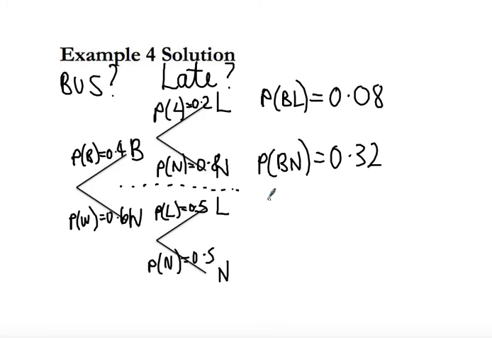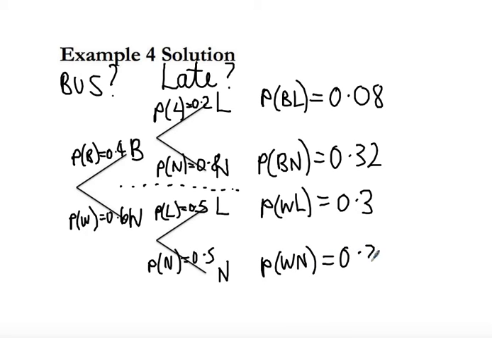Probability he walks and he's late: 0.6 times 0.5, which is 0.3. And probability he walks and he's not late is 0.6 times 0.5 again, so I get 0.3. Add them up: 0.08 plus 0.32 is 0.4, plus 0.3 is 0.7, plus 0.3 is 1. So it looks like I've done these correctly.